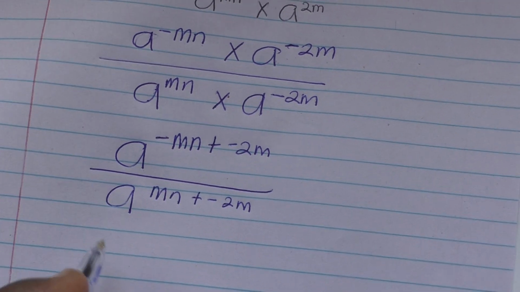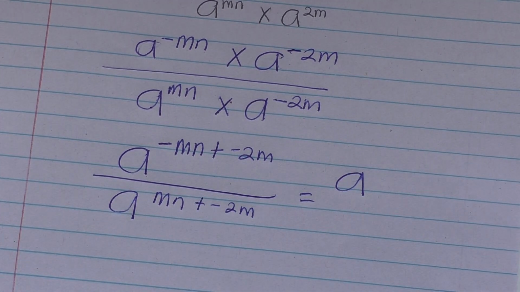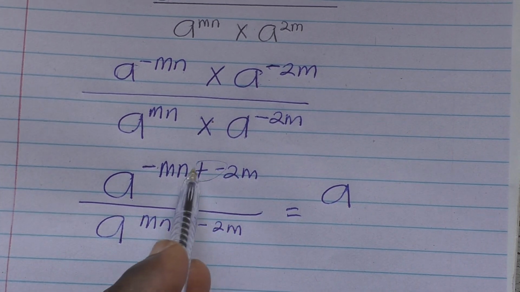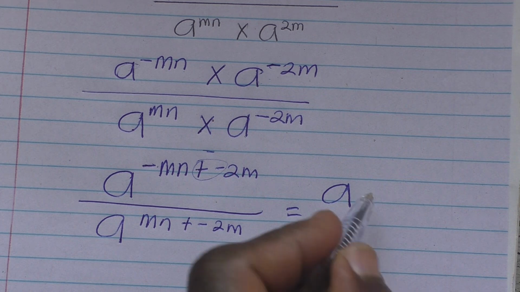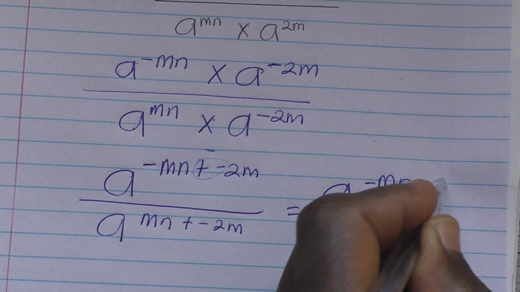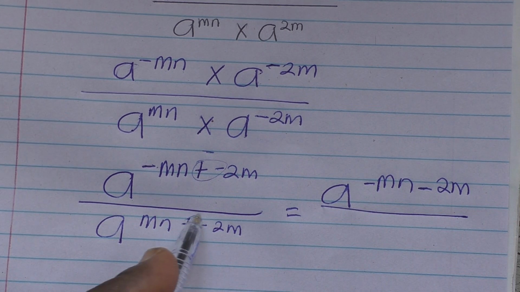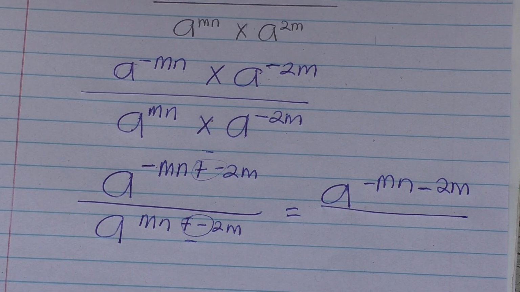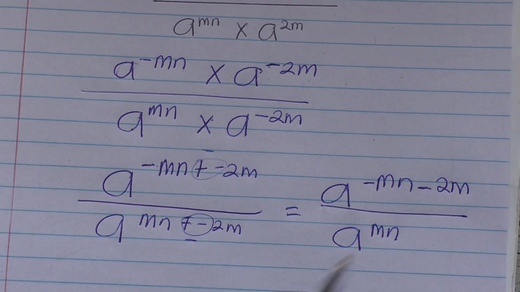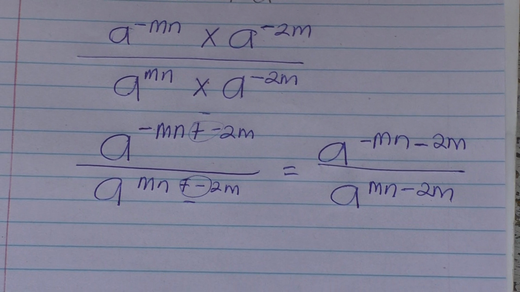Hence, if we simplify this, we end up with a power negative mn minus 2m over the denominator, a power mn minus 2m.